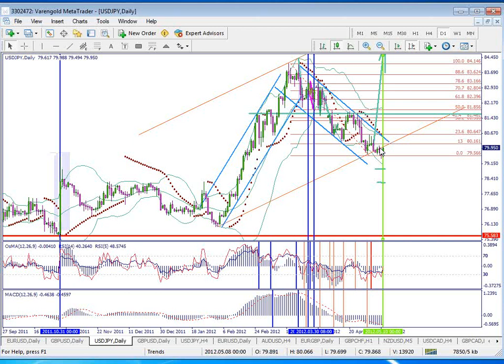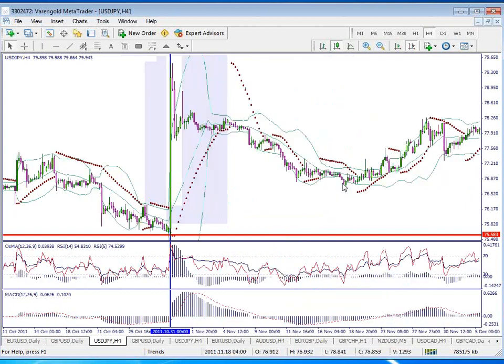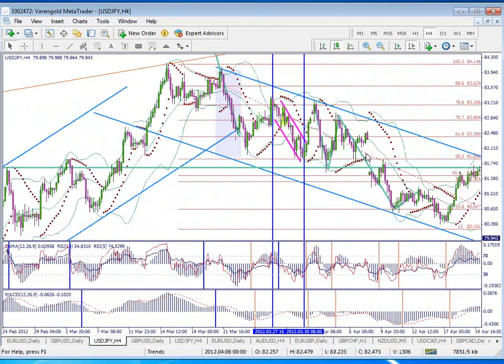But just because it's the weekend, maybe it's okay if we are waiting a little bit to see what it will be at the beginning of the week. So we have a little modification of the channel, and this signal on daily. Let's see what is on our time frame.